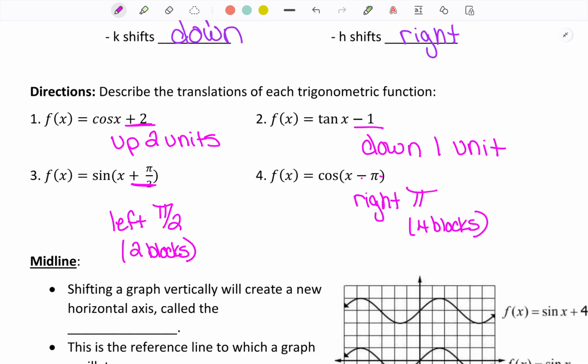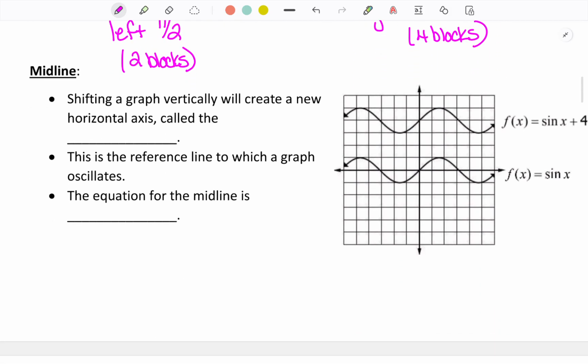So then let's look at midline. Midline is something that happens whenever you shift a graph up or down. Anytime you shift it vertically, you create a new horizontal axis called the midline. If you use the patterns to graph, then marking that midline on your graph is a big help, because this is the line around which a graph oscillates.